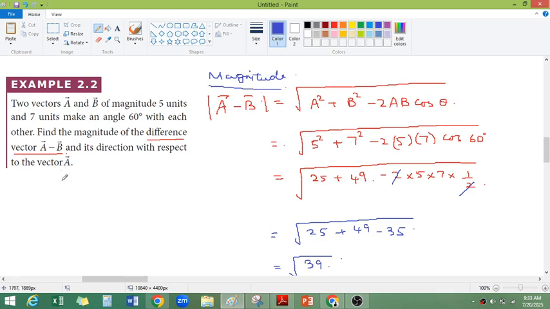Similarly, you have to find the direction. So tan alpha is equal to b sin theta divided by a minus b cos theta.